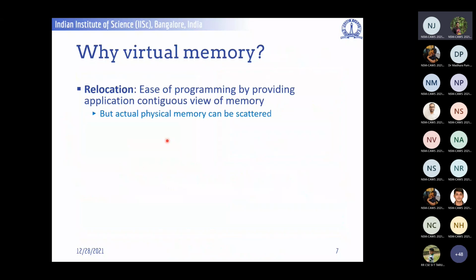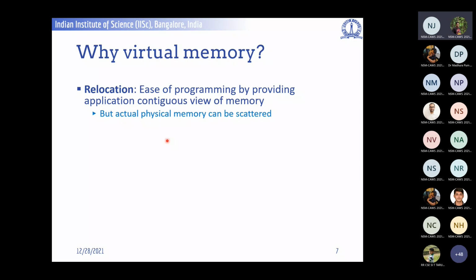First of all, each application can think that it has a really large contiguous region of memory, the virtual address space, without worrying about what physical memory, the real memory, is free in a given system at a given time.